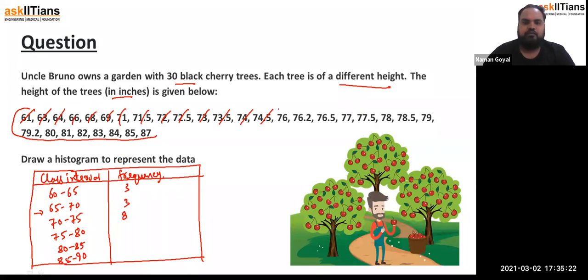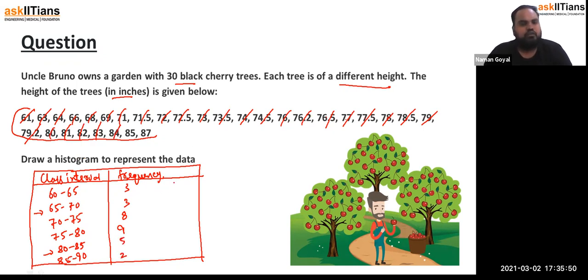Now 75 to 80, 1, 2, 3, 4, 5, 6, 7, 8, 9. 80 is not included in this class, it is included in the next class. Let me count it again: 1, 2, 3, 4, 5, 6, 7, 8, and 9. Now 80 to 85, 1, 2, 3, 4, 5, and 85 to 92.